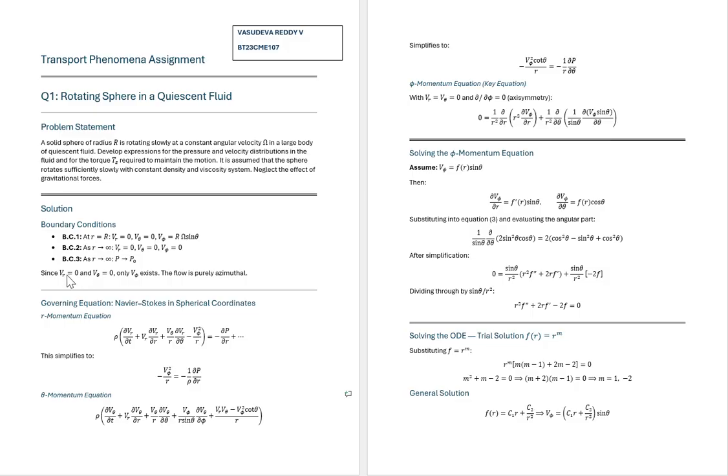Since there is no driving force in the r direction, Vr is equal to 0, and as the flow is axisymmetric, V theta is equal to 0, so only V phi exists. V phi is a function of r, as the velocity reduces as you keep on going away from the sphere.